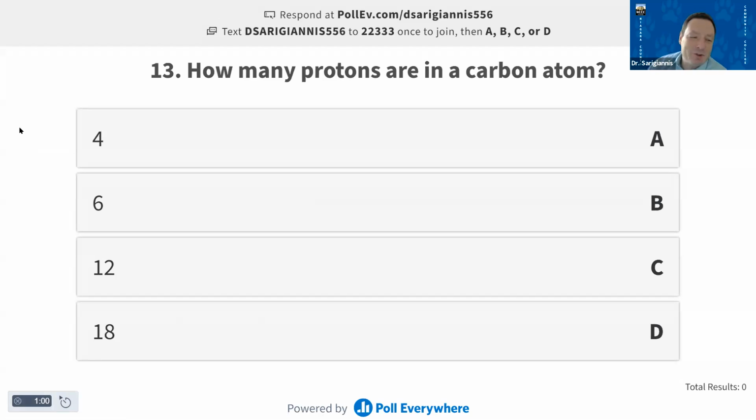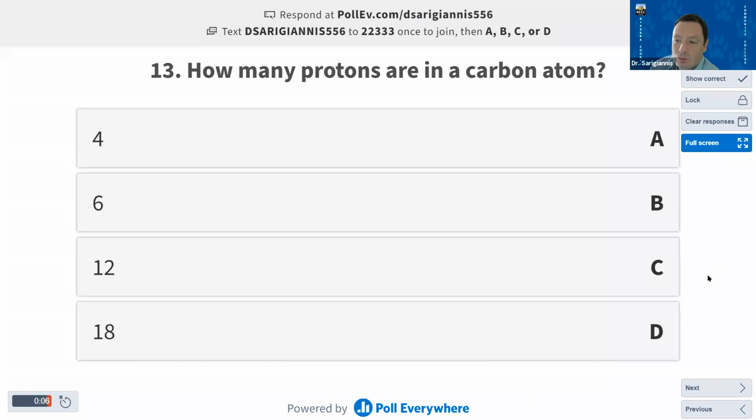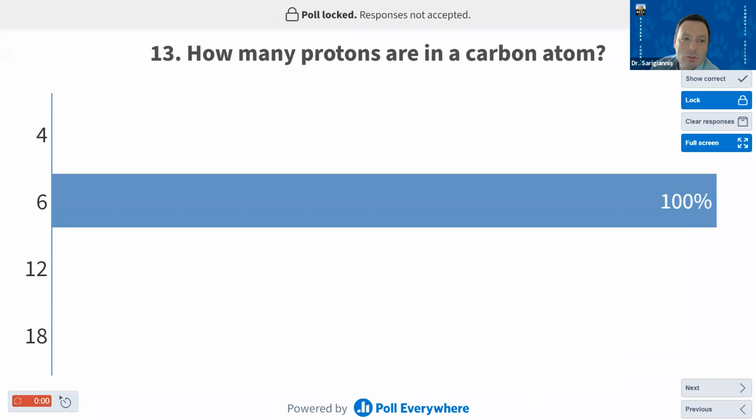How many protons are in a carbon atom? So check your periodic table there and see if you can figure out how many protons in a carbon atom. 6.